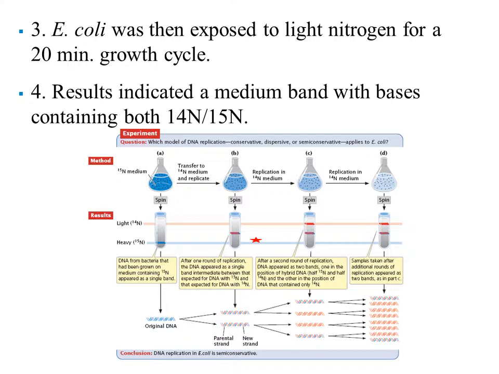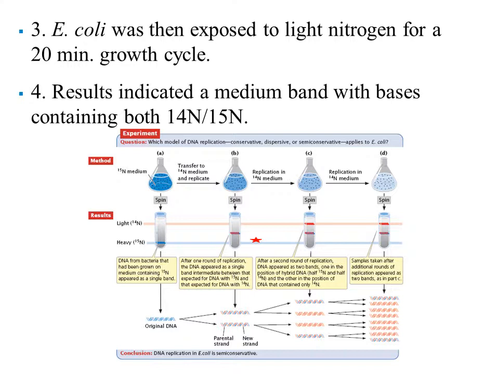So originally it was in the heavy nitrogen flask. When you remove it, every nitrogen that is composed of the DNA would be N15. But now after you put it into one round of replication, the light nitrogen is now going to be incorporated into the DNA. So the results, after Meselson and Stahl destroyed the bacteria, therefore releasing the DNA, was that he saw a medium band.